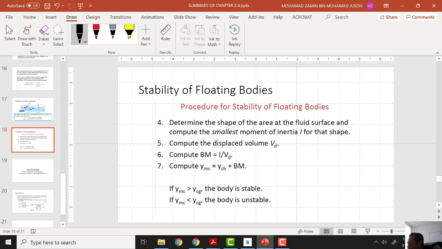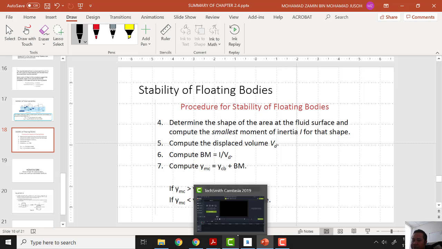Okay. First, you need to determine the shape of the area, the surface, and compute the smallest moment I. Then compute the displaced volume VD, and then compute the BM, I over VD, then compute the YMC, YCB plus BM. So first you need to find the YMC in order to determine whether the body is stable or not.